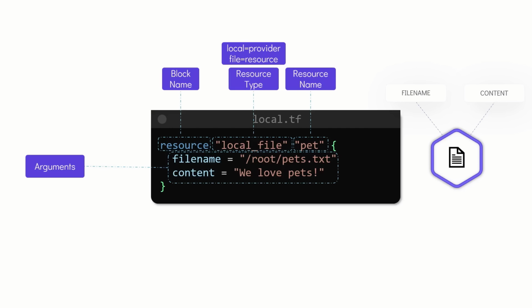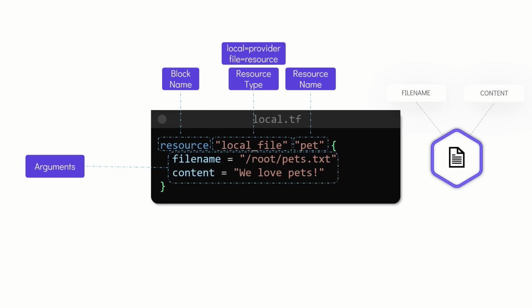The words filename and content are specific to the local file resource we want to create, and they cannot be changed. In other words, the resource type of local_file expects that we provide the arguments filename and content. Each resource type has specific arguments that they expect. We will see more of that as we progress through the course. And that's it.